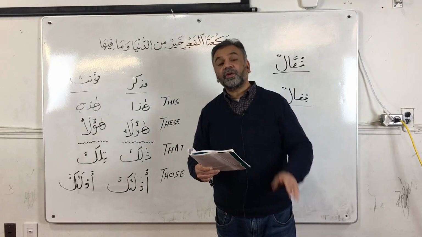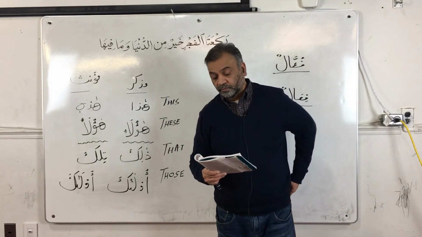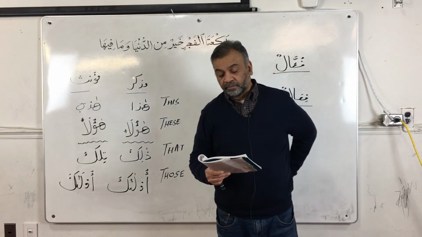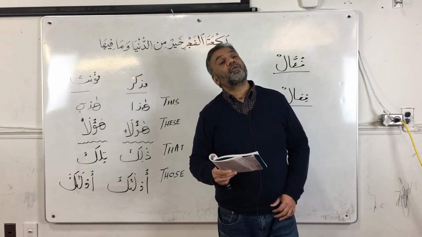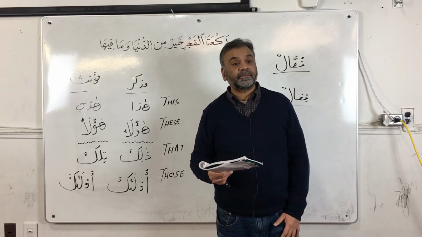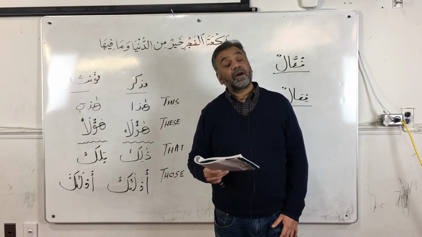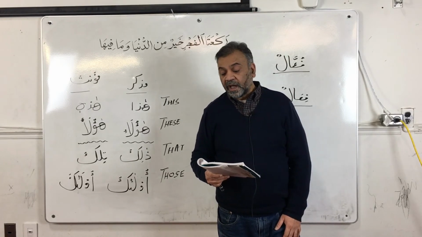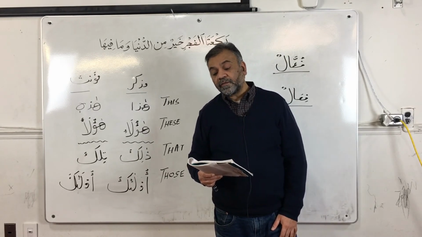Okay. Number 2, aina tajirul kabiru, where is the big merchant? Huwa fissuki, he is in the market. Okay. So, now convert this singular into a plural. Aina tajirul kabiru huwa fissuki.